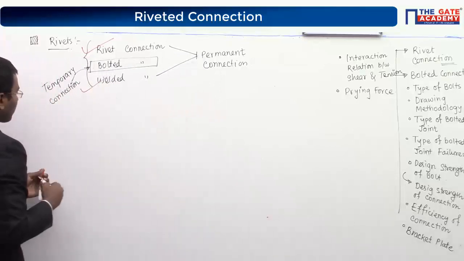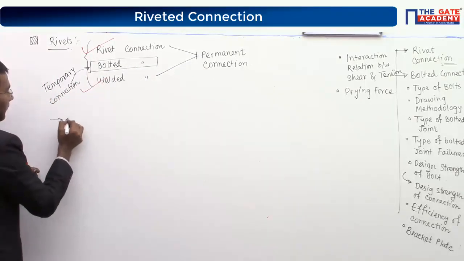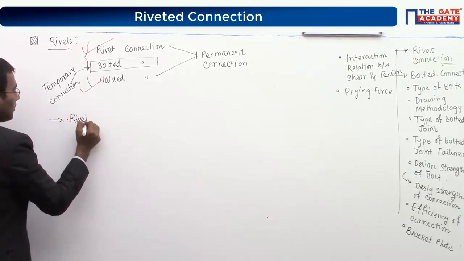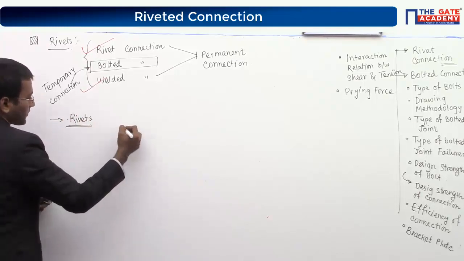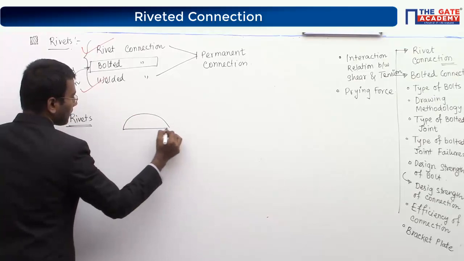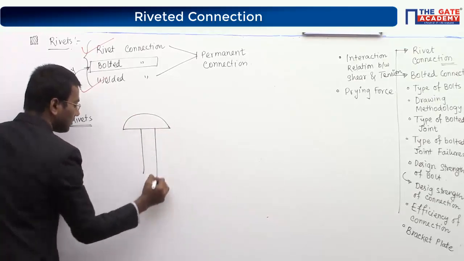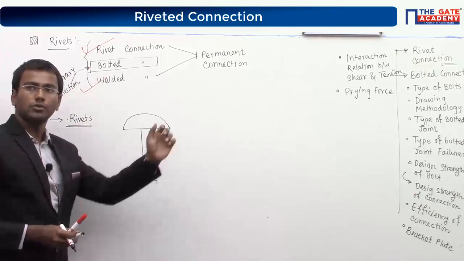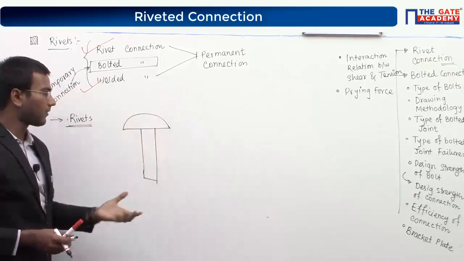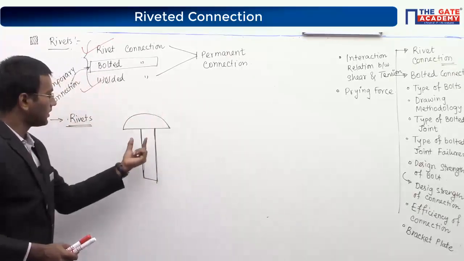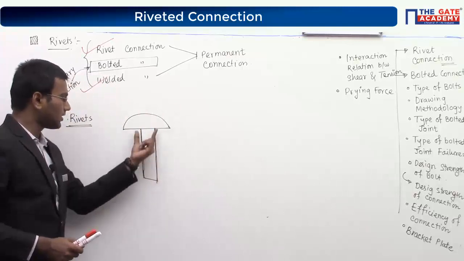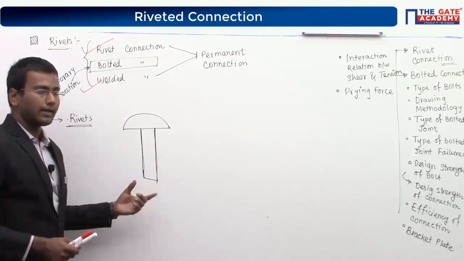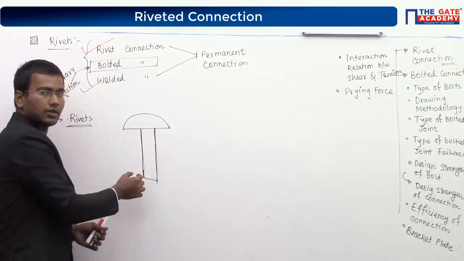Write down. For rivets, let us draw the diagram first quickly. Now I think most of the students have seen rivets in real life. In the rivet, this entire portion is a round part and it is a straight portion.